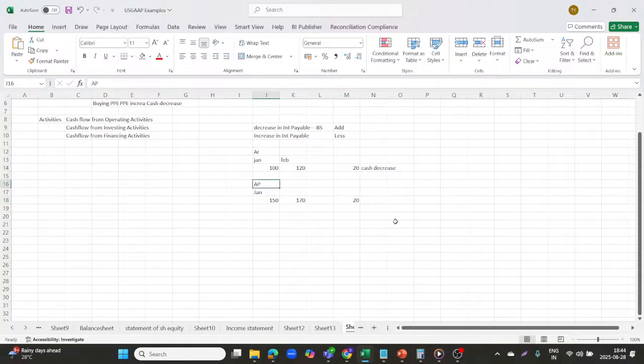That's why we have accounts payable standing in the books. So it will lead to a cash increase, because we have not yet paid the money, so the cash is still there in our business. That's a cash inflow. If there's an increase in accounts receivable, that means there is a cash decrease. Okay, so this is the scenario.